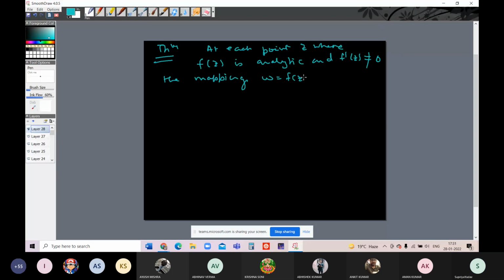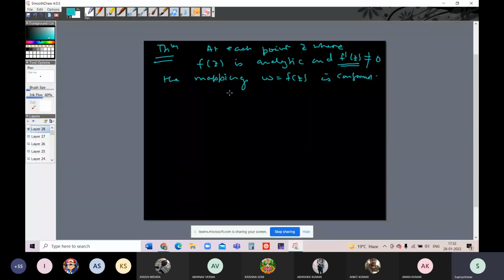So at each point z where f(z) is analytic, and f dash z is non-zero, the mapping w is equal to f(z) is conformal. किसी भी पॉइंट पर फंक्शन अगर एनालिटिक है और उस पर उसके डेरिवेटिव की वैल्यू नॉन जीरो हो जाए तो हम कहते हैं कि उस पॉइंट पर मैपिंग जो है हमारी वो कैसी है, कन्फॉर्मल है.